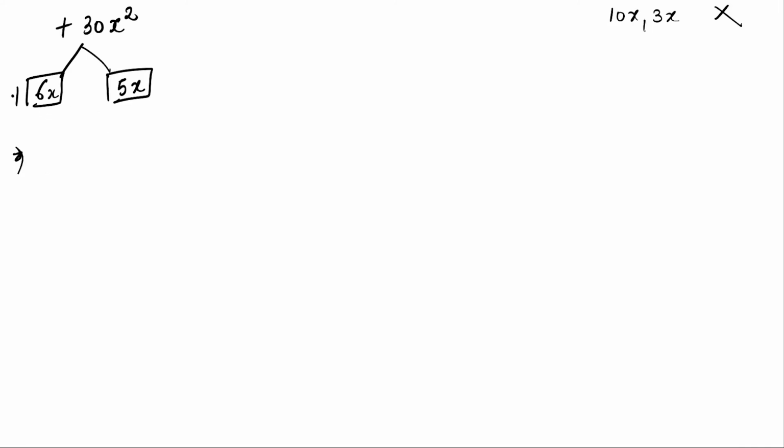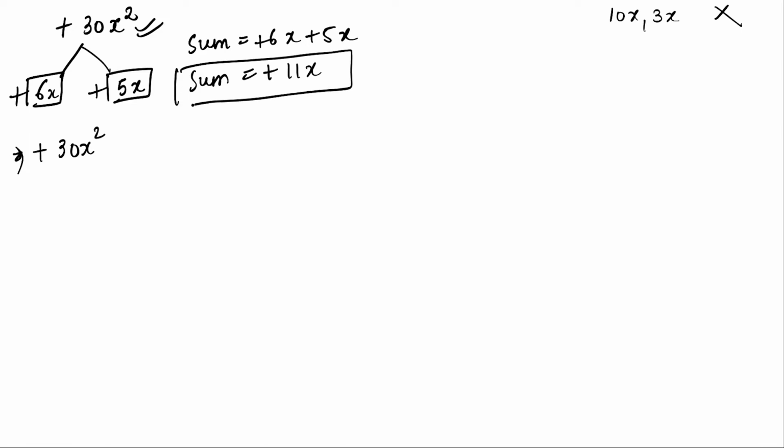Now plus 6x and plus 5x will give us plus 30x square. Isn't it? So when we are multiplying them, they are giving us the product. But again, we have to check the sum, whether they are giving us the middle term or not. When I add them, plus 6x and plus 5x, they will be giving us plus 11x.